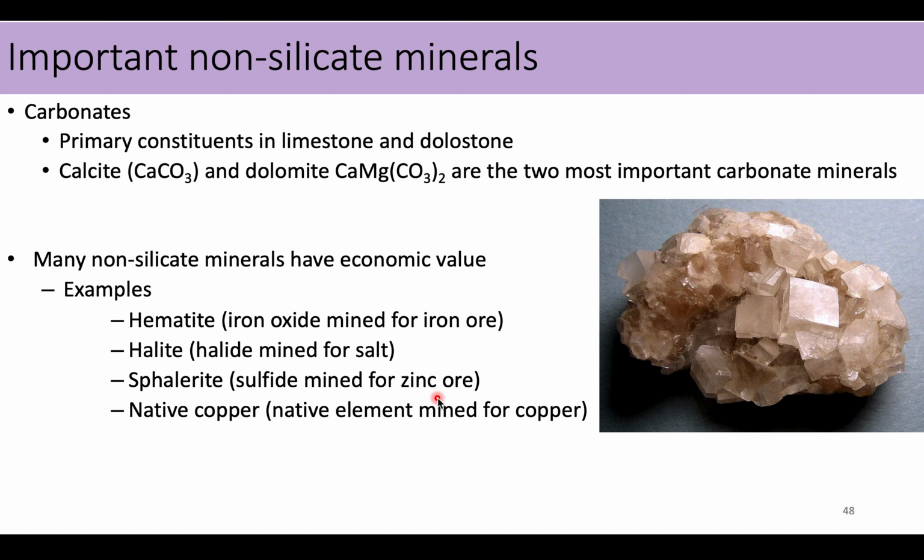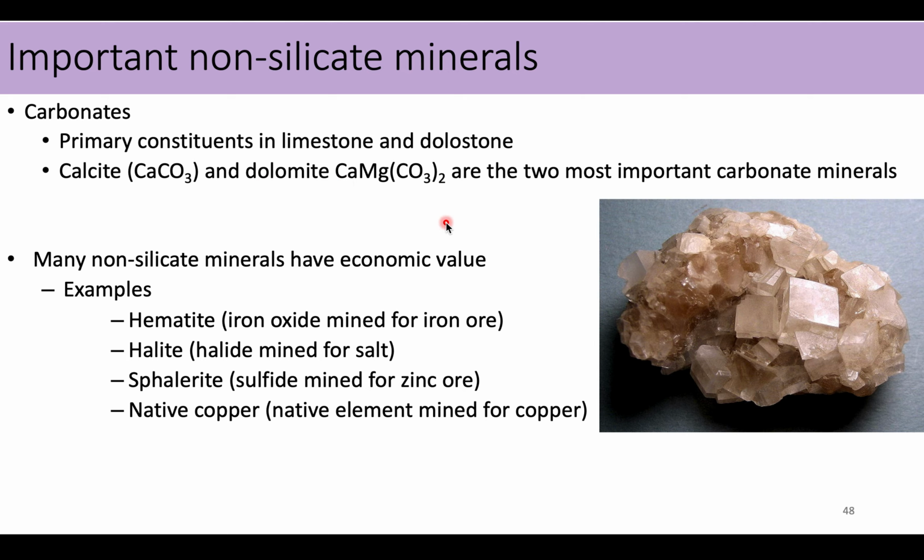So quickly about the non-silicates before I get into more about the silicate minerals. Many non-silicates are carbonates, the primary constituents in both limestone and dolostone. The two most important carbonate materials are calcite and dolomite, so we will use those as examples in this class.